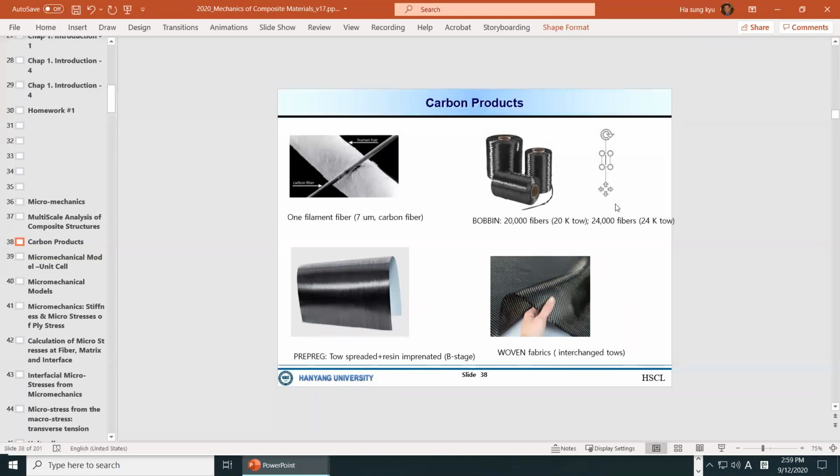Say this one is filament winding, such as the pressure vessel.